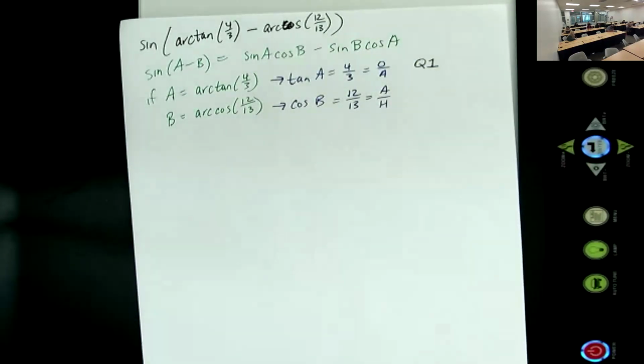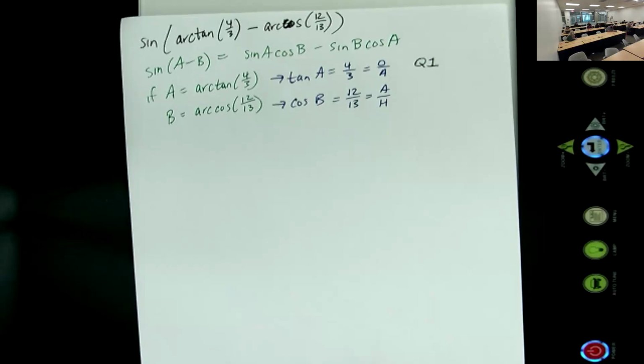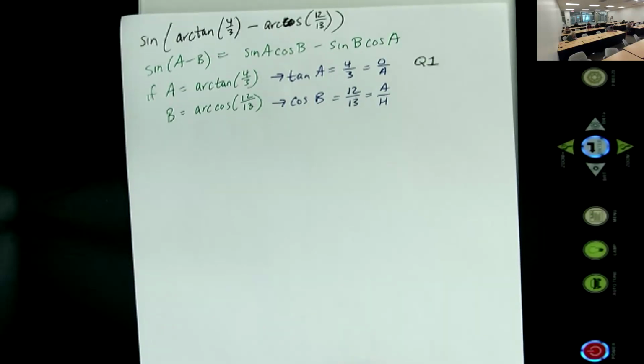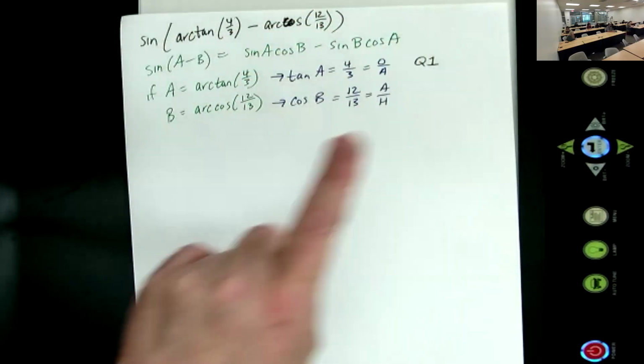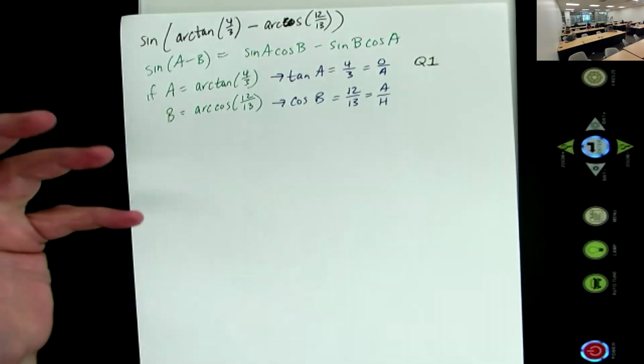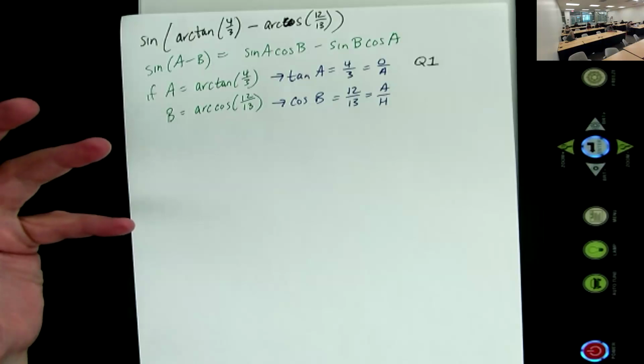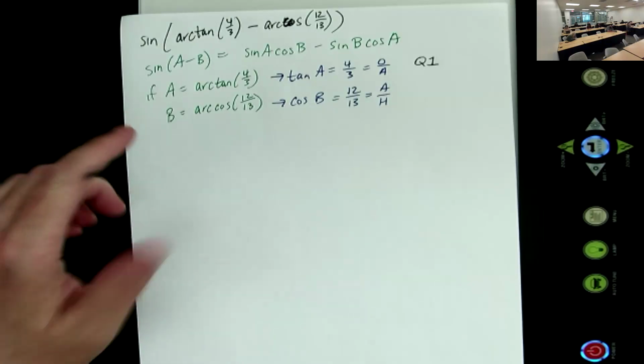What about cosine B? Cosine is positive in 1 and 4, yes. Which quadrant do we have to pick though? What overlaps with cosine inverse?